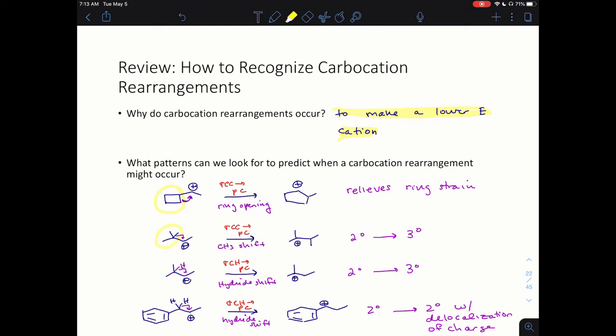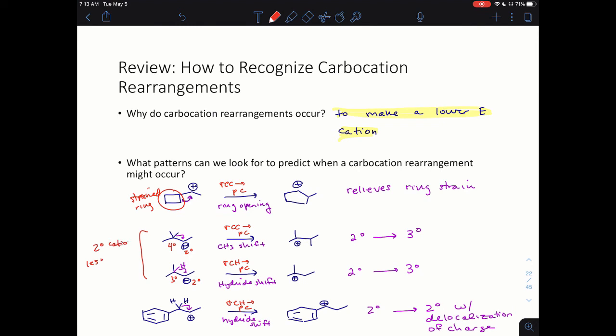Quaternary carbon adjacent, let's write all this out. Quaternary carbon adjacent to a secondary cation. Tertiary carbon adjacent to a secondary cation. I think we see this pattern, right? Secondary cations, they're just less stable.